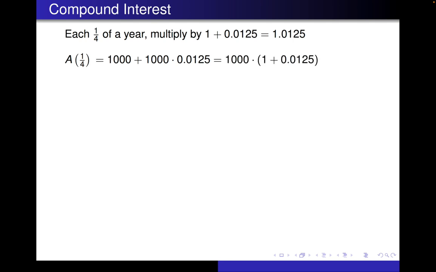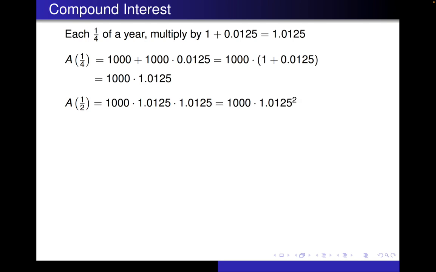When we factor out that 1,000, we multiply it by 1 plus 0.0125, which is 1,000 times 1.0125. After a half year, we take that 1,000 times 1.0125 and multiply it by 1.0125, because we're earning 1.25% interest, and then we end up with 1,000 times 1.0125 to the 2 power.